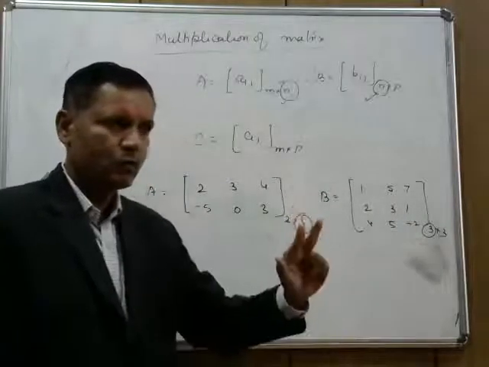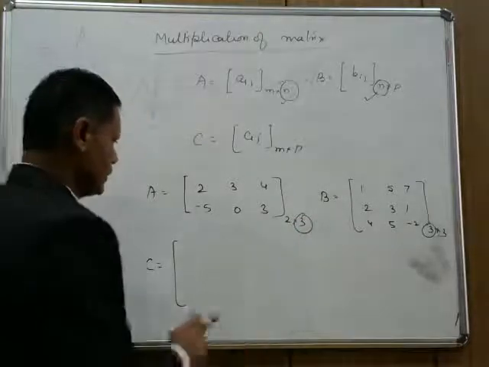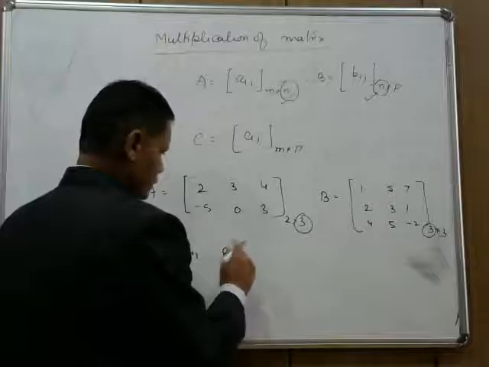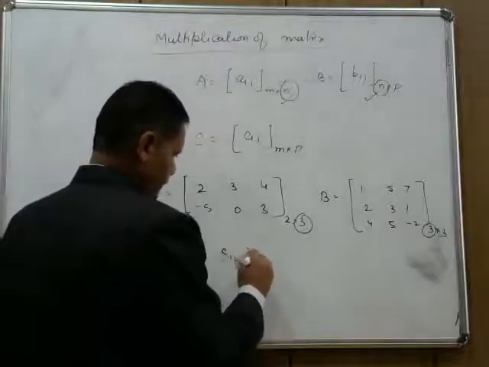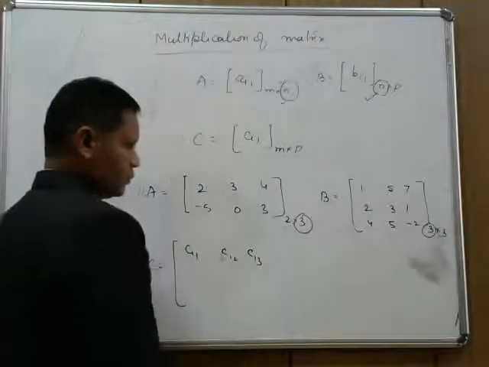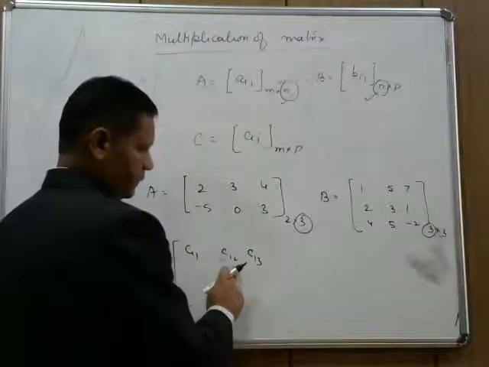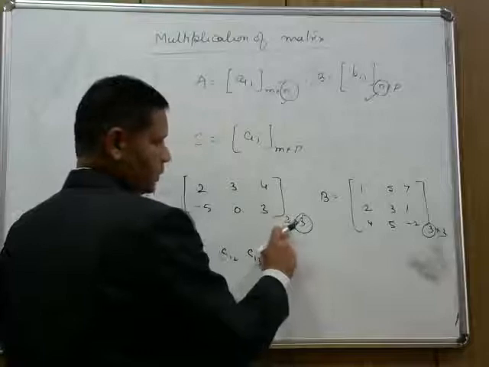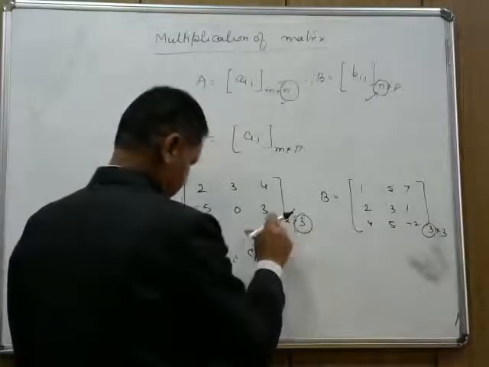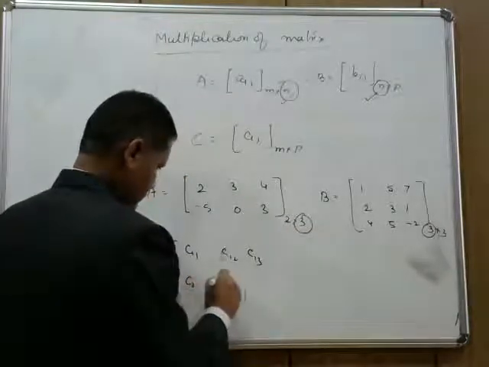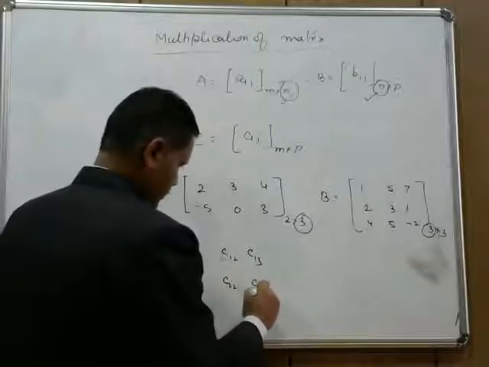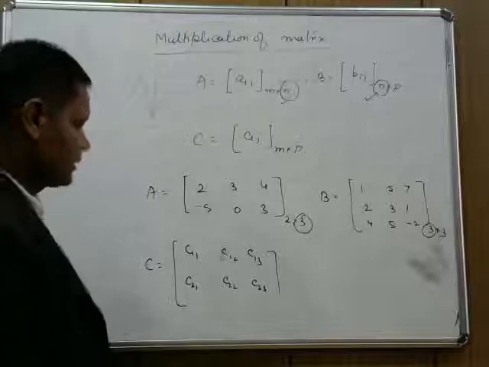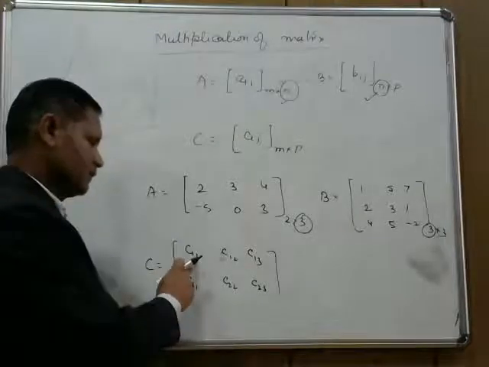And when we have 2 rows and 3 columns, I write here C11, C12, C13, and then C21, C22 and C23. This will be the answer. But how to write the answer? C11 means what?